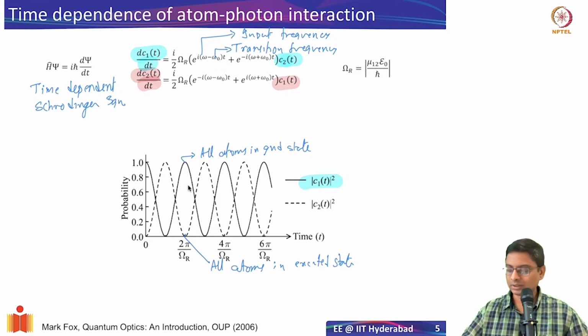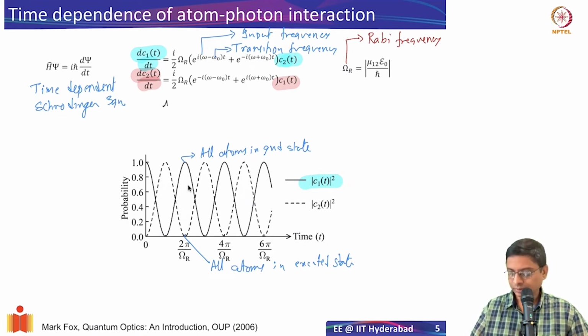So this particular frequency is called the Rabi frequency. Essentially what it tells you is that this frequency is dependent on the dipole moment mu12. Here, mu12 is basically the transition dipole moment.